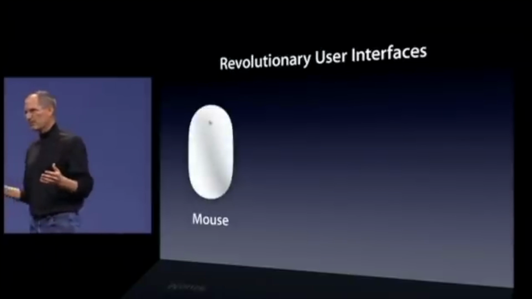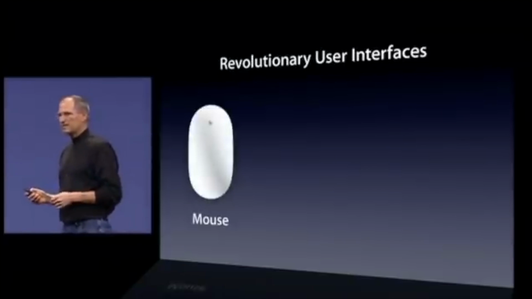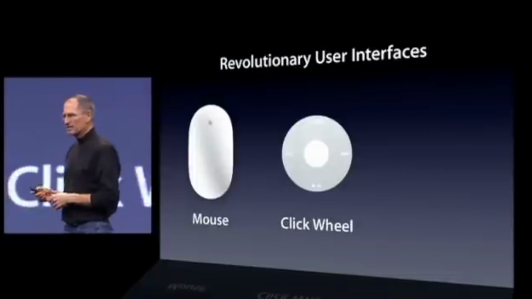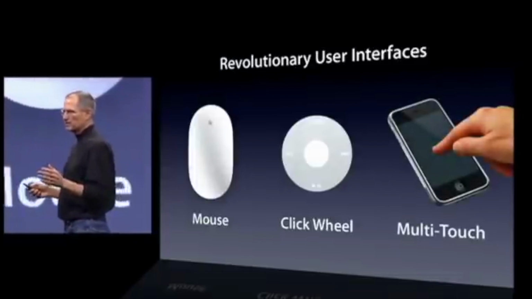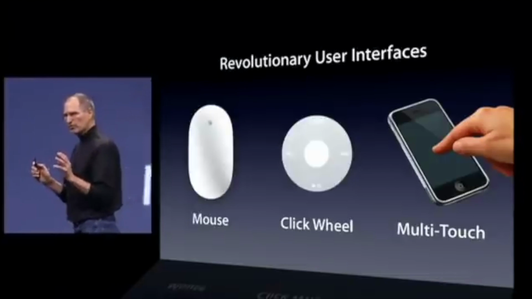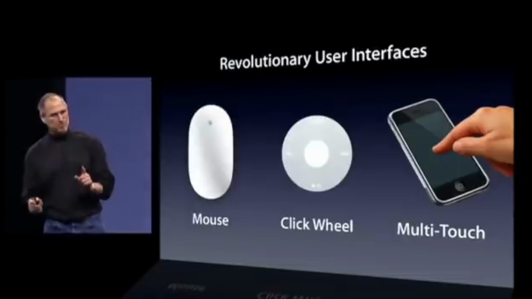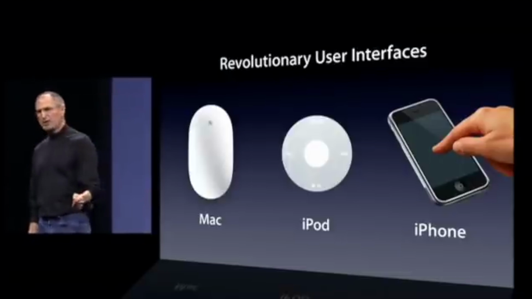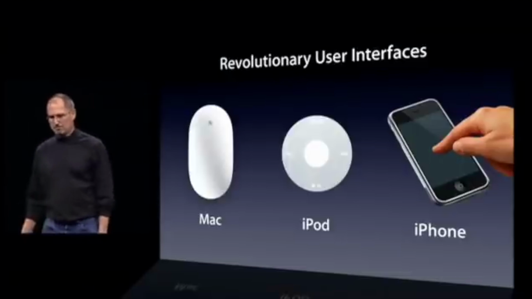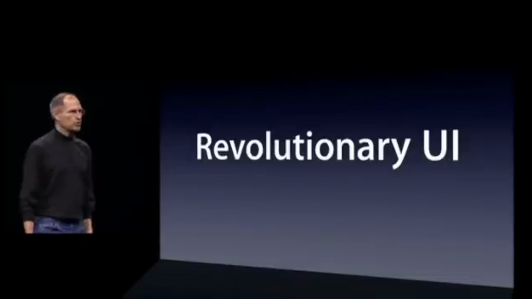First was the mouse. The second was the click wheel. And now we're going to bring multi-touch to the market. And each of these revolutionary user interfaces has made possible a revolutionary product. The Mac, the iPod, and now the iPhone.